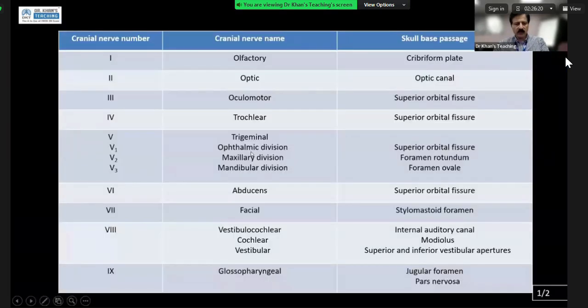Good, well done. So, of course, from your books you can see these tables. There will always be two perspectives to see the same thing. First of all, learn the names, cranial nerve 1 till cranial nerve 12, and what passes through what. This is one perspective.